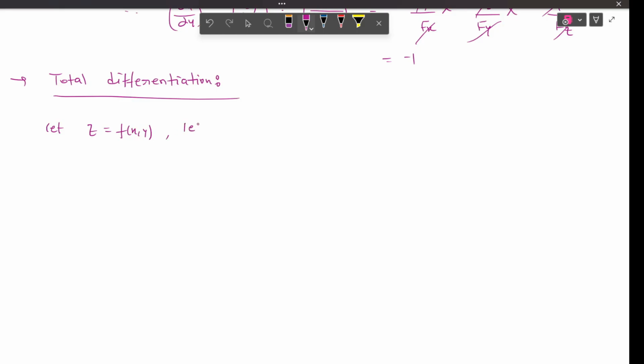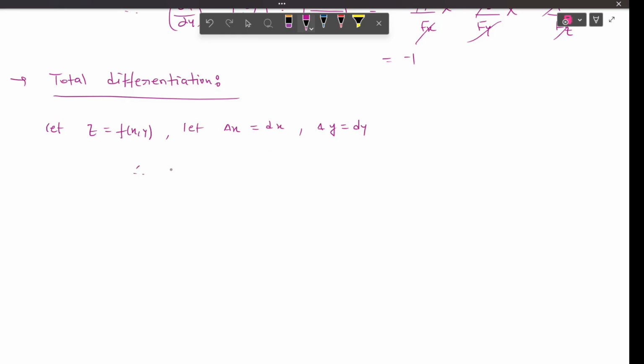And let the change in x be dx and the change in y be dy, the increments given to the variables x and y.